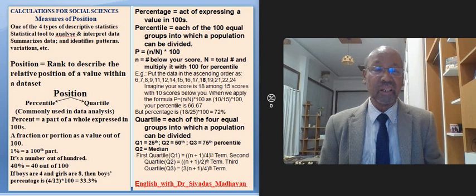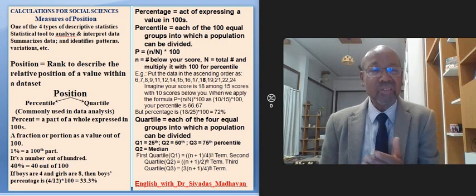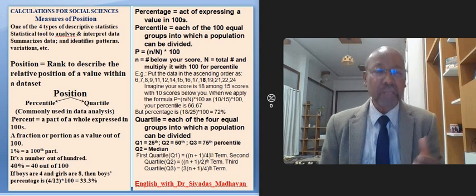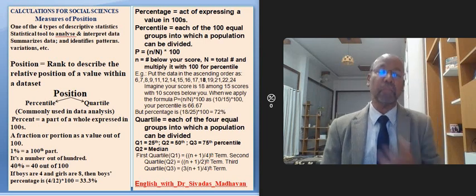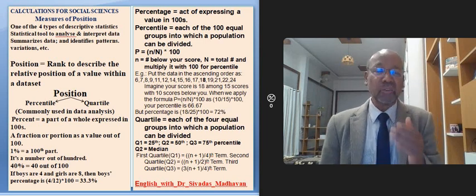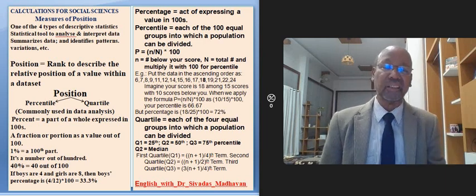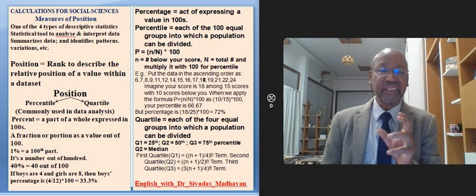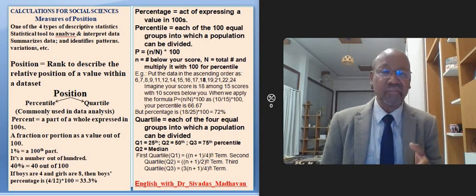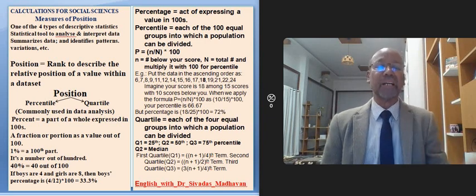An example, in a class of 12 students, there are 4 boys and 8 girls. So what is the percentage of boys? You can calculate like this: 4 divided by 12 times 100. So 4 boys are there, total students 12, and it is multiplied by 100.